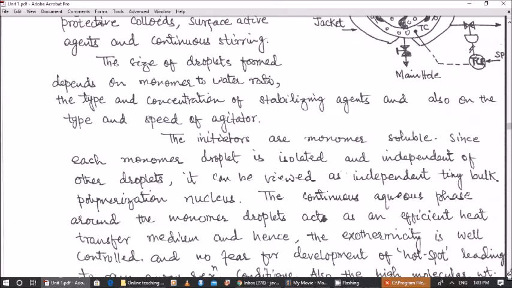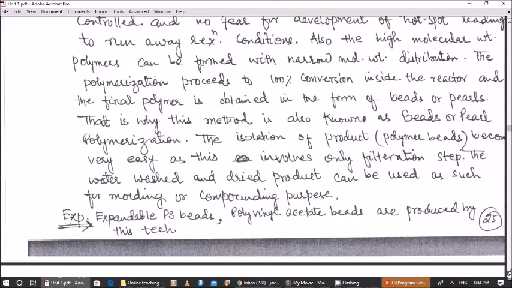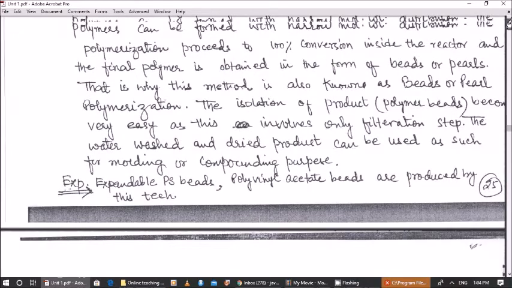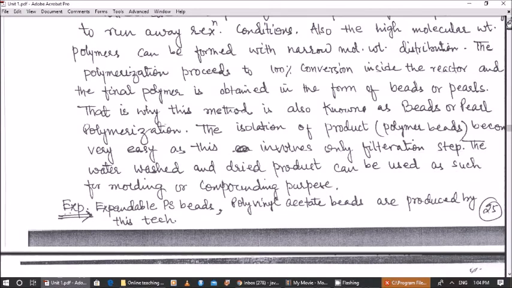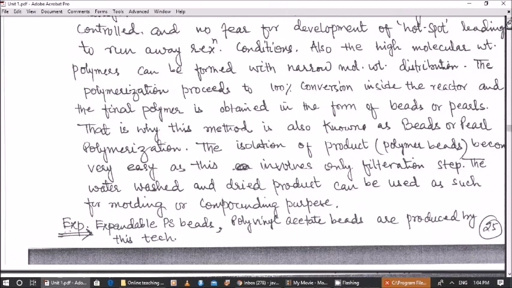The continuous aqueous phase around the monomer droplet acts as an efficient heat transfer medium, and hence the exothermicity is well controlled and there is no fear of the development of hot spots leading to runaway reaction conditions. Also, high molecular weight polymer can be formed with narrow molecular weight distribution.